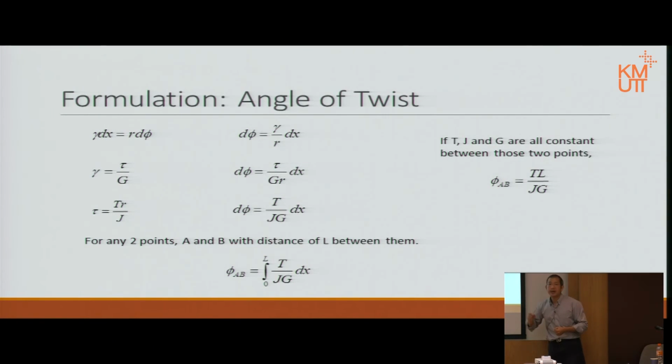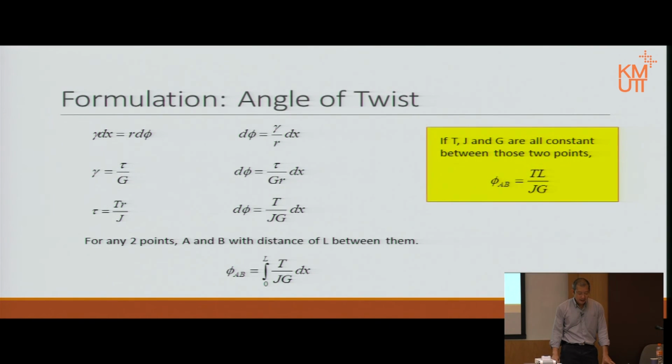This is the summation of the change in the angle from A to B. The equation is similar to the axial deformation, though. I leave you to work out that similarity. But in the end, these are the equations we focus on.